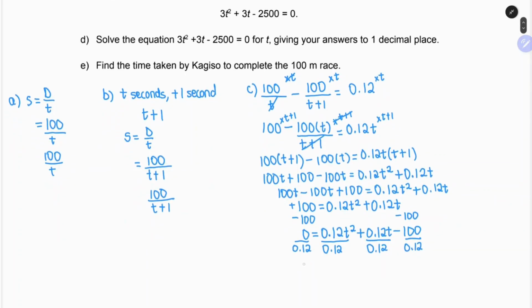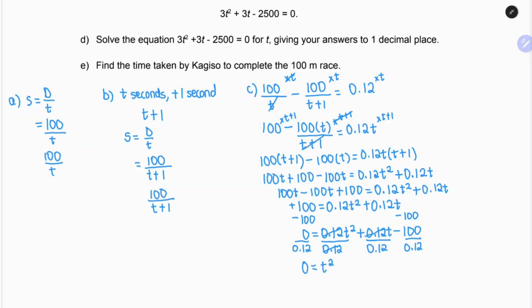So as you continue on, you'll see that 0 is equals to, because 0 divided by 0.12 is just going to be 0. 0.12 will cancel out this 0.12, so you're just remaining with t squared.